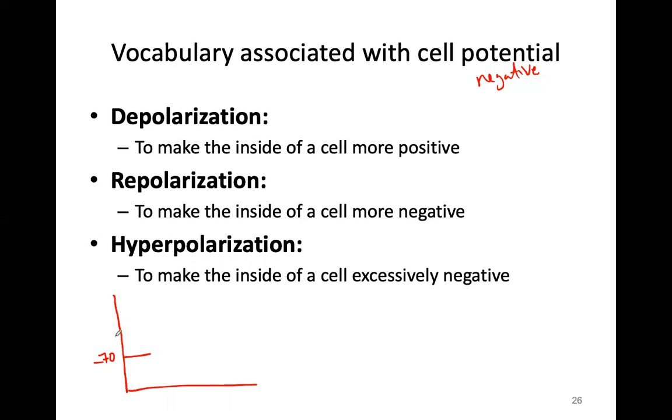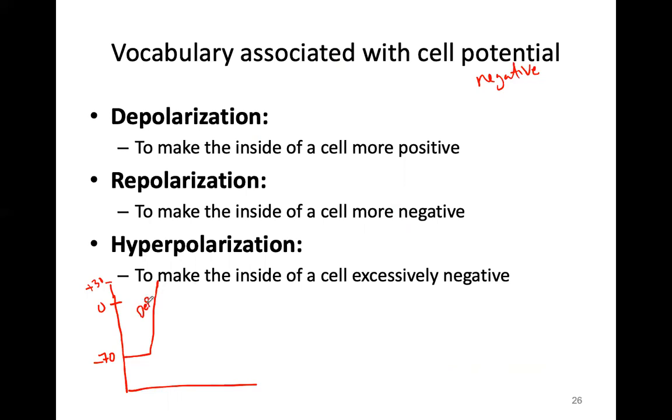Now, let's say this is 0 and going up is +30 millivolts. As I start to go farther away from the negative, closer to 0 and then going into the positive side, this increase where I'm making my cell more positive is identified as depolarization.